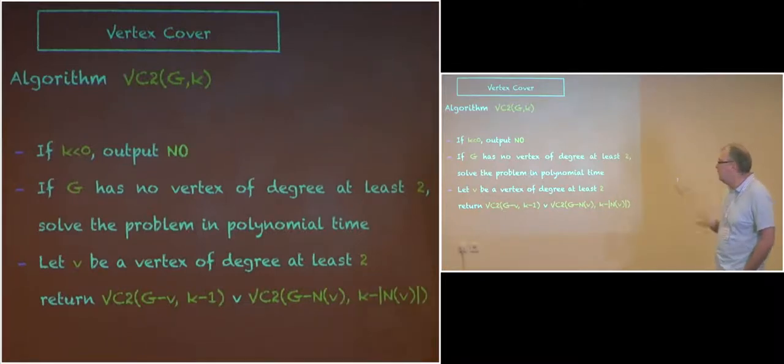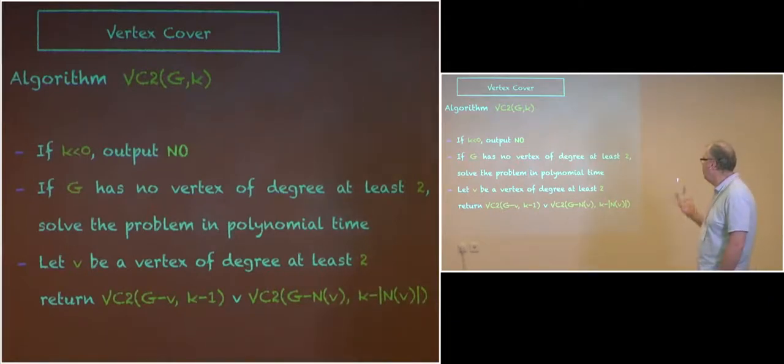Okay, so this is the idea of the algorithm. What the algorithm is doing is almost the same thing. If my parameter is negative, I say no. If I have no vertex of degree at least 2, then I solve the problem in polynomial time. Otherwise, I find a vertex of degree at least 2, and I branch on this vertex.